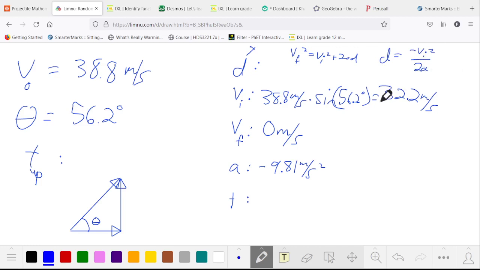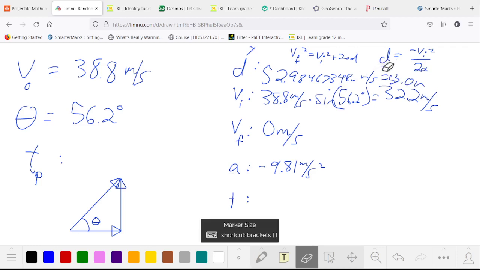So we take that last answer we had and square it, divided by 2 times a negative 9.81. So that negative and the 9.81 for the acceleration cancels this negative here. And our distance is 52.98467348 meters, or 53.0 meters. Sorry, just meters, not meters per second. My apologies.